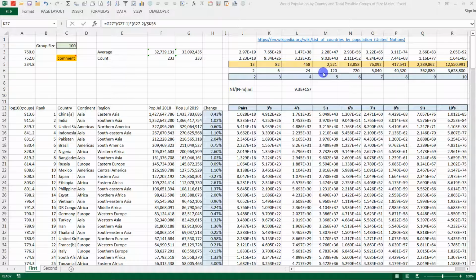Okay, in the last video, I was just trying out some ideas to look at the space of possibilities as people begin to work globally, regardless of their country, in groups of various sizes.